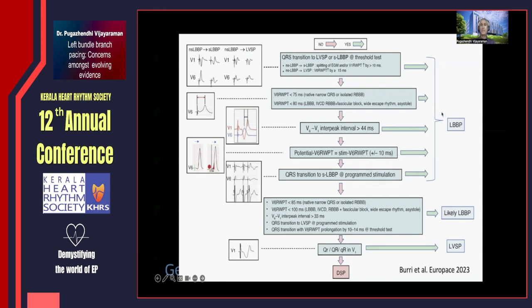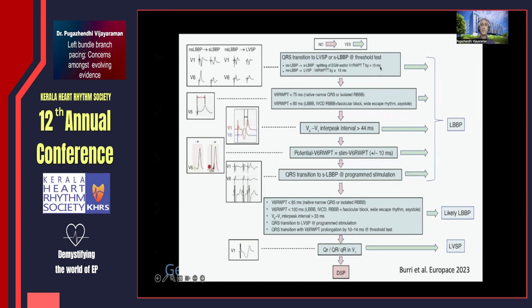Even if you look at the criteria for left bundle branch pacing, we see QRS transition during the threshold test from non-selective to LV septal pacing or selective left bundle branch pacing, as defined here, as the gold standard for left bundle branch capture. In different studies, it varies from 30 to 90% that this can be demonstrated. In my experience, it's probably about 75 to 80% of the time that you can demonstrate this clearly.